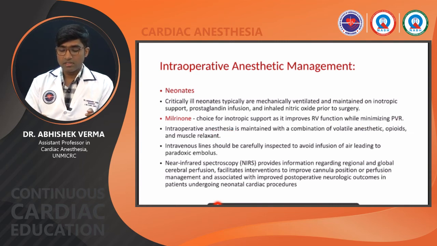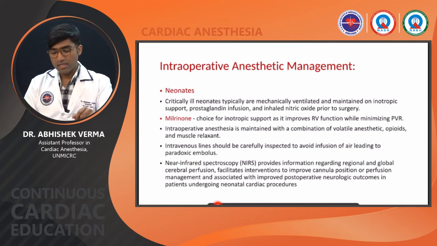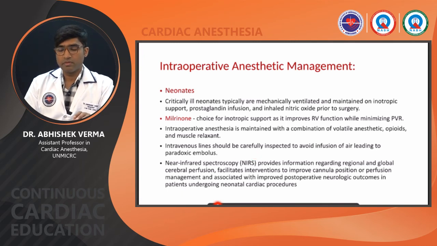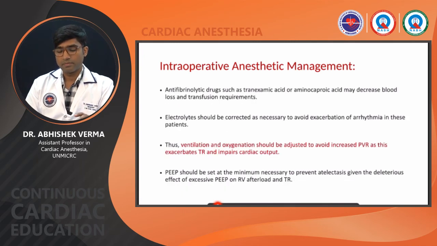Intraoperatively, anesthesia is maintained with a combination of volatile anesthesia, opiates and muscle relaxant. The IV line should be carefully inspected to avoid infusion of any air leading to paradoxical embolus. NIRS also provides information regarding perfusion.